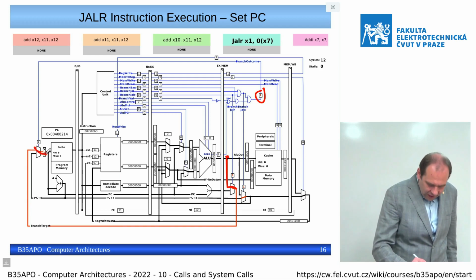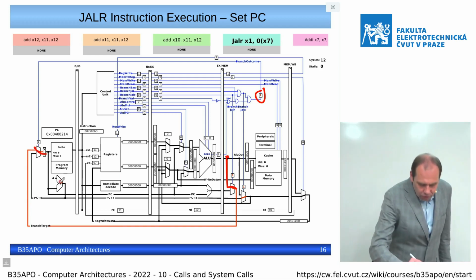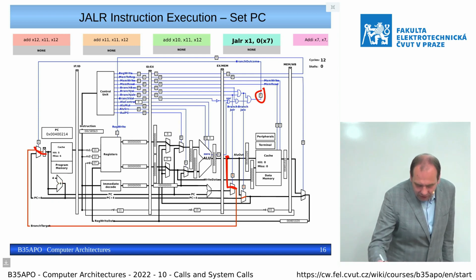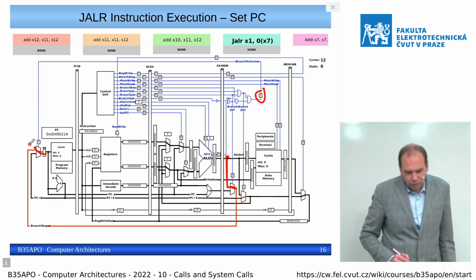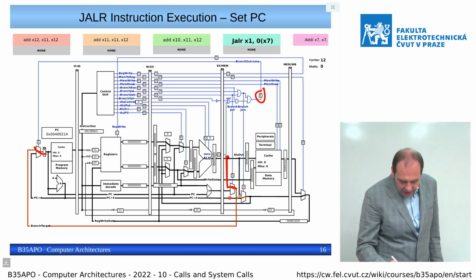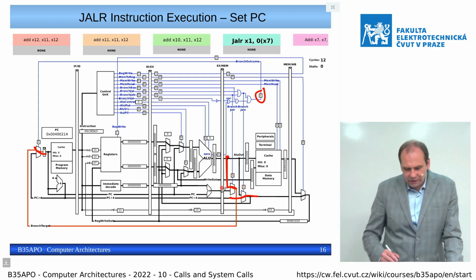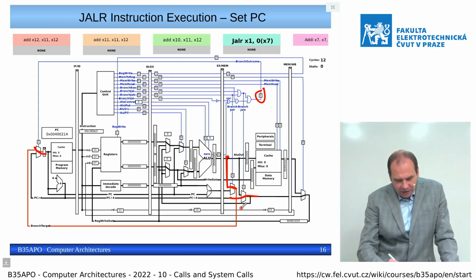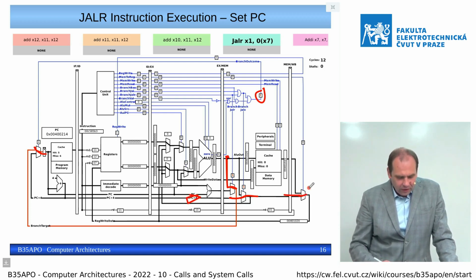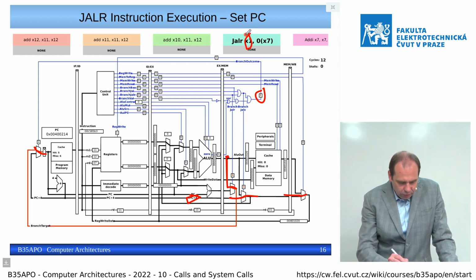We select that the next PC should not be the previous PC plus 4, but a new value of the PC provided from the memory stage. And we pass this address, the PC plus 4, so in fact the address of the next instruction, to the destination register, so to this X1.